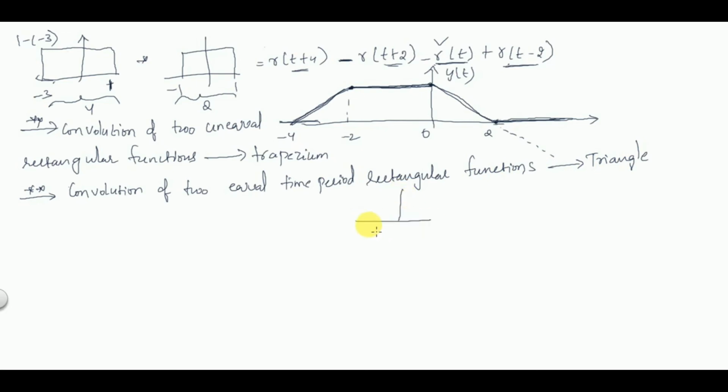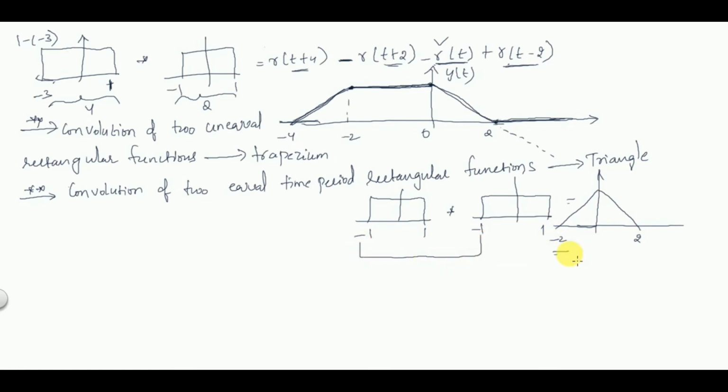Suppose you have two equal ones, from -1 to 1 convolved with -1 to 1. The resultant is a triangular function from -2 to 2. The sum of the lower limits, -1 plus -1, gives the lower limit here, and the sum of the upper limits, 1 plus 1, gives the upper limit here.